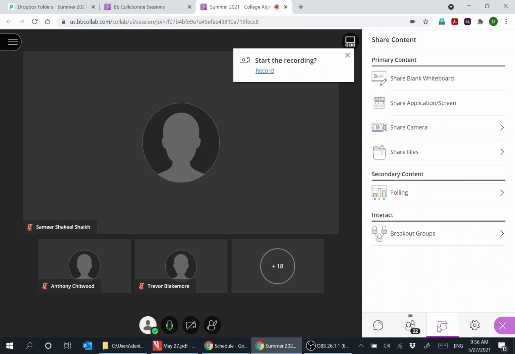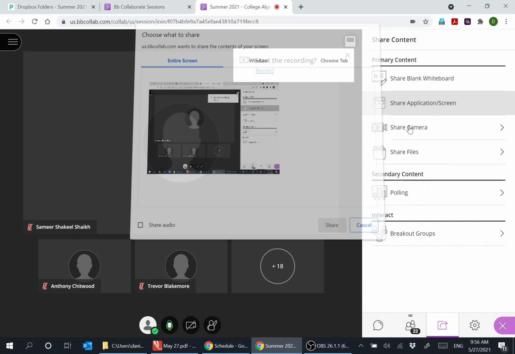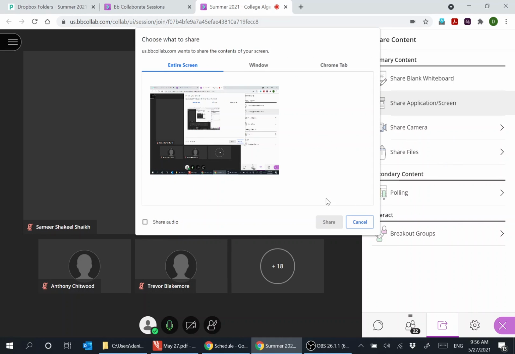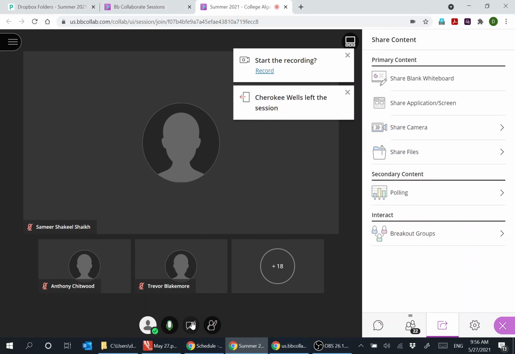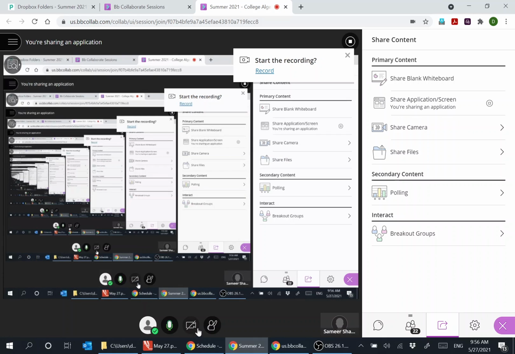So, share application screen. You push on that icon there. Now, if it doesn't work, then after you push on this, take a look at this, guys. Come all the way up to your browser bar.